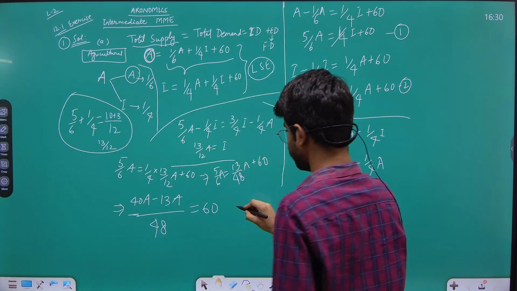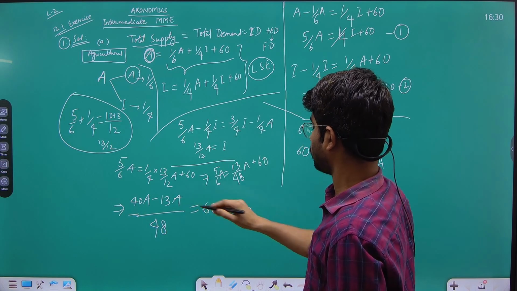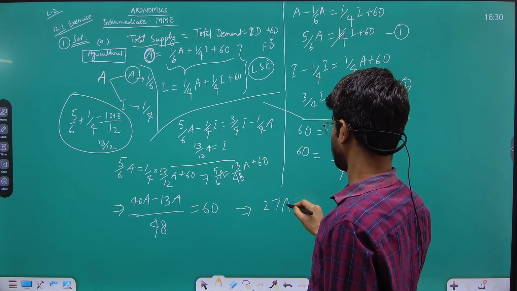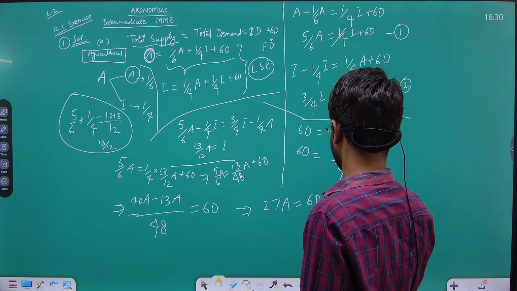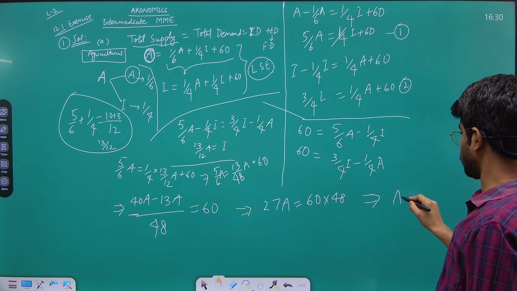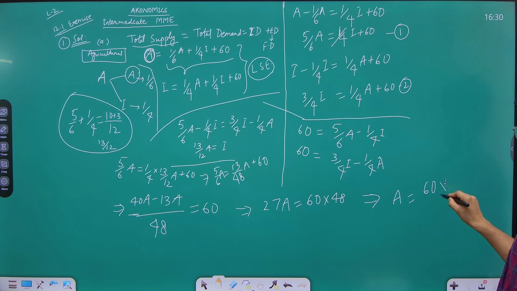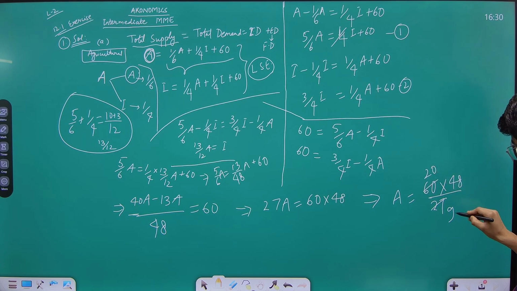So you will have 27 A equal to 60 into 48. So you will have A equal to 60 into 48 divided by 27. So it would be 9, it would be 20, it would be 3, it would be what? 16. So you will have 320 by 3.